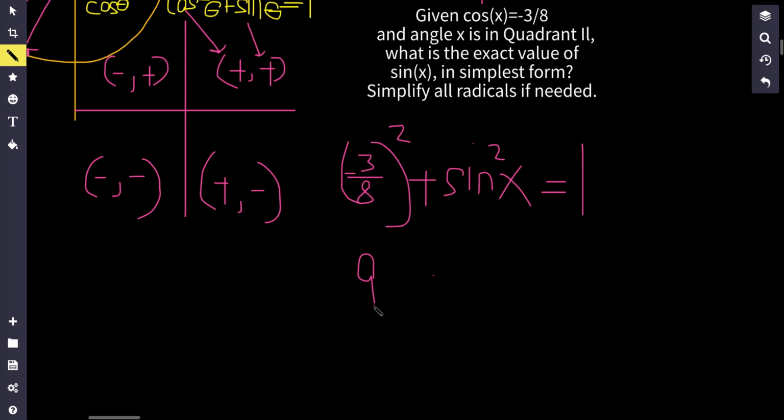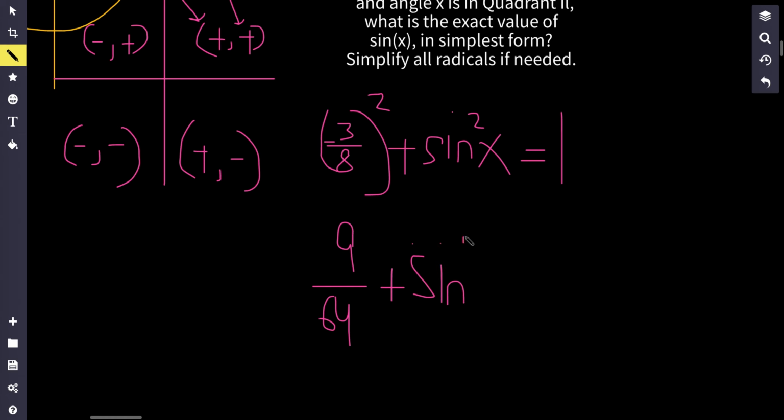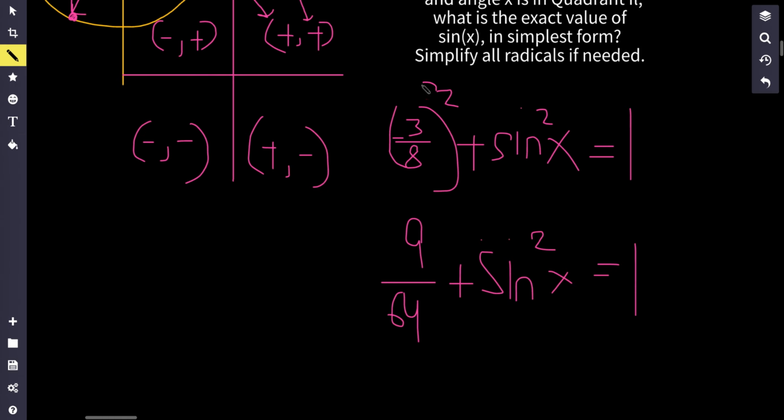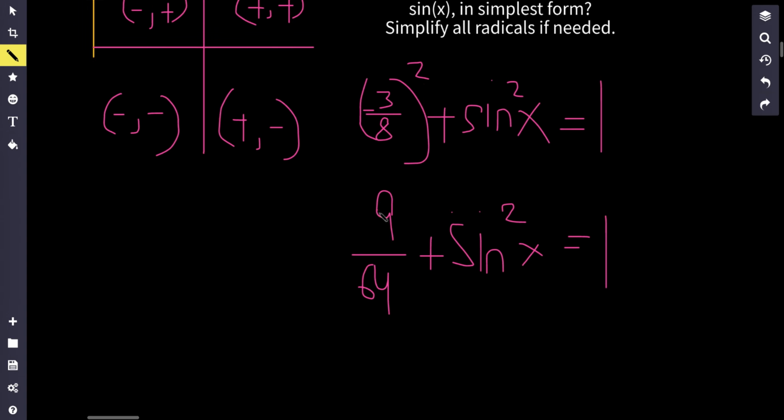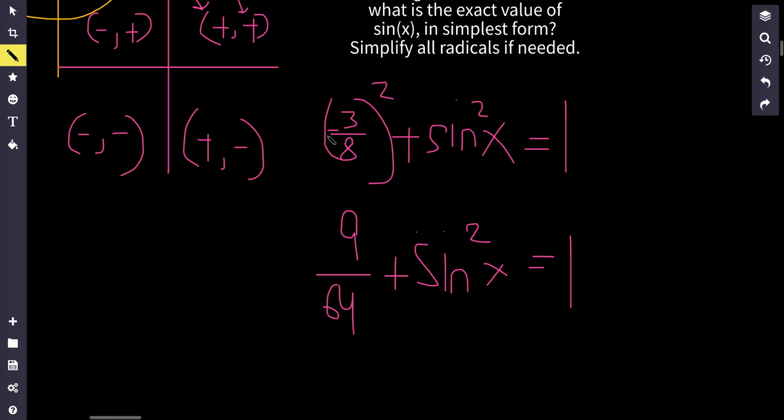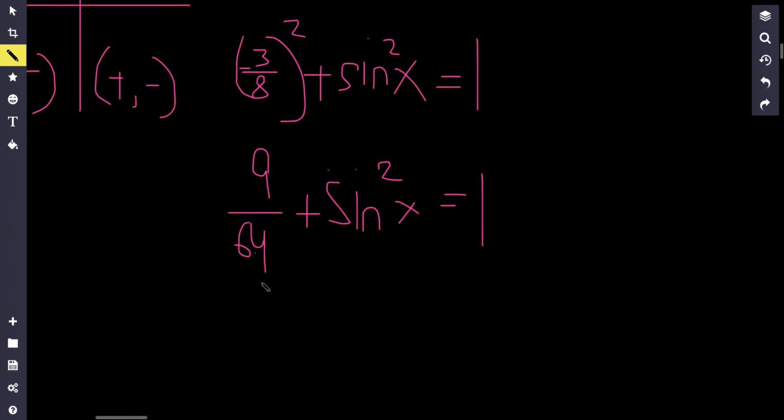That's going to be 9 over 64 plus sine of x squared is equal to 1. When you're squaring a fraction, you can think about it as, you square the numerator and you square the denominator. So 3 squared is 9, 8 squared is 64. Two negatives make a positive. So that's where I get the 9 over 64 from.